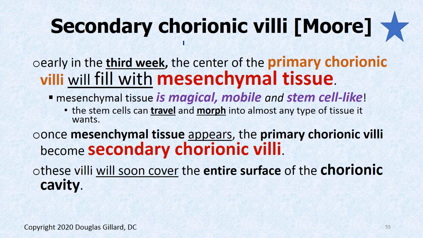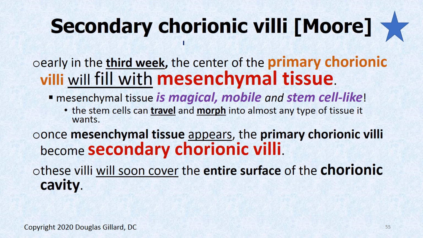About the third week, we're into the third week, the center of the primary chorionic villus fills with a new tissue, a mesenchymal tissue. We won't talk about the genes turned on, because they don't even know the full story. But a magical mesenchymal tissue appears in the center of that little projection.